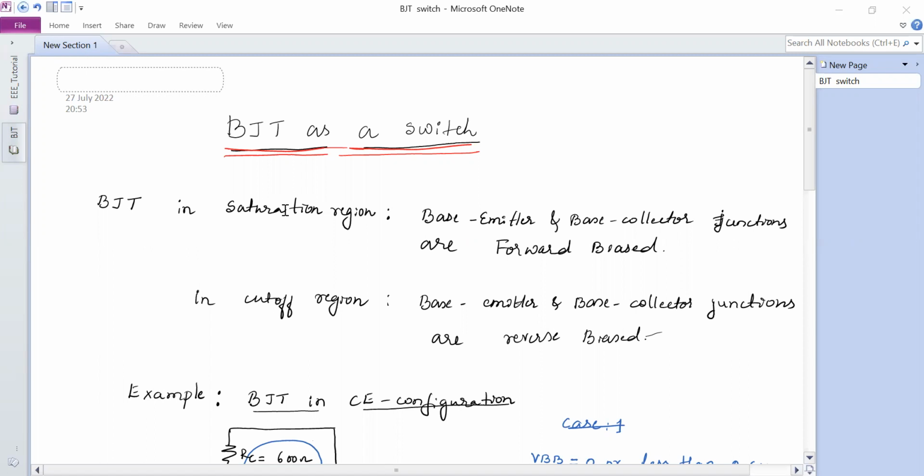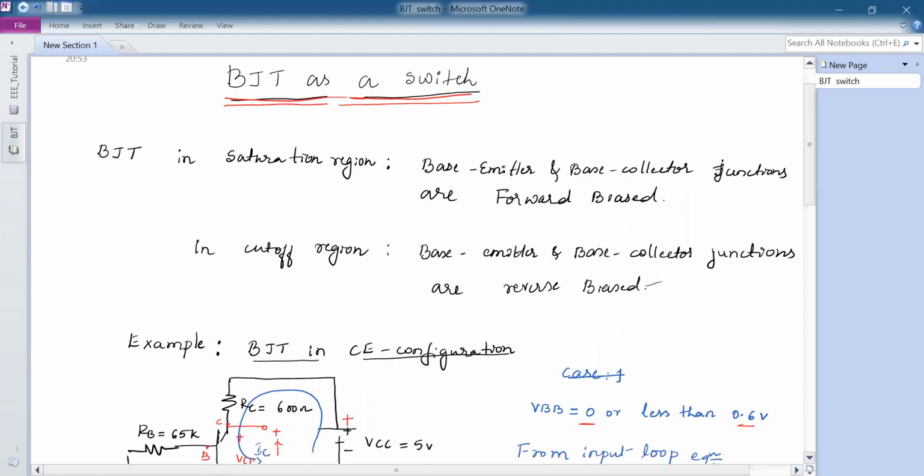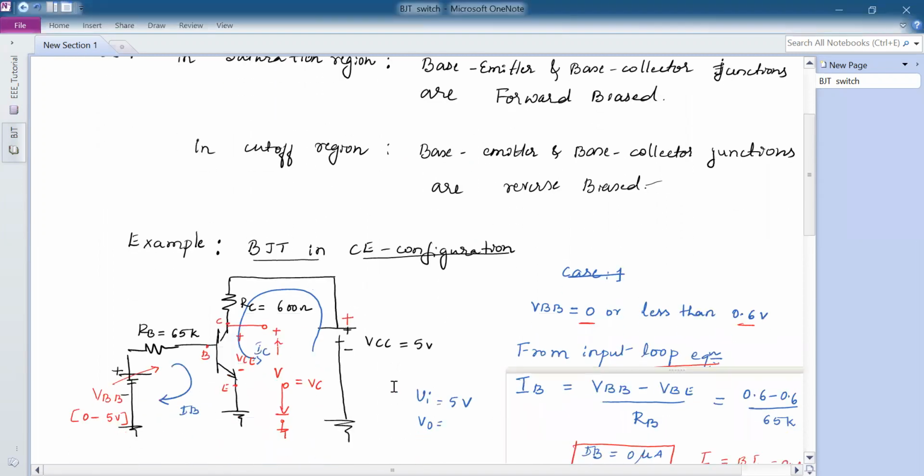Today, in this video lecture, we are going to understand the working of a BJT as a switch with respect to an example, as shown in the circuit. This BJT circuit is in common emitter configuration.